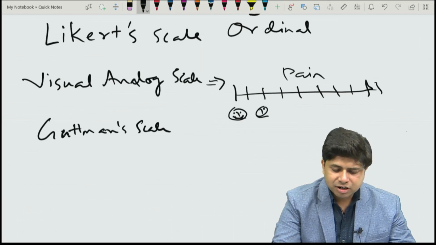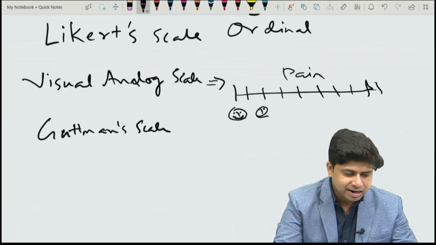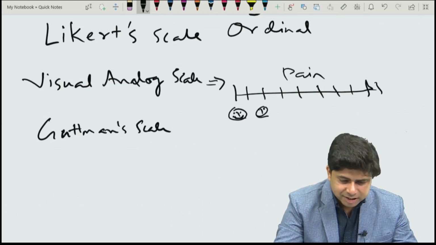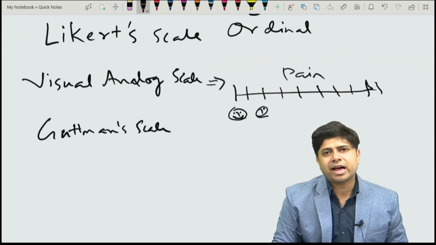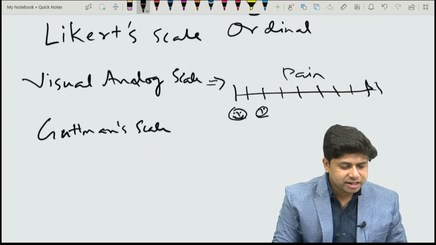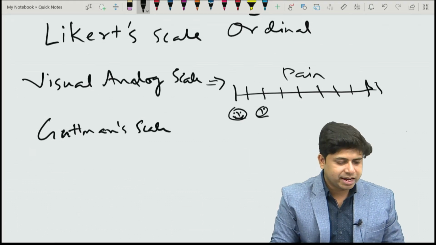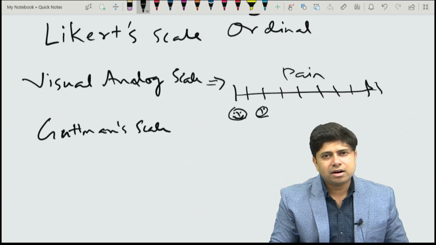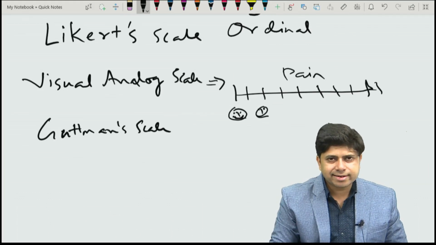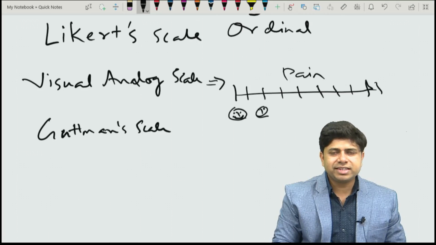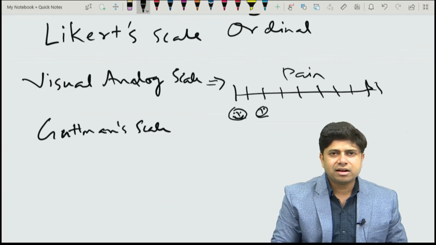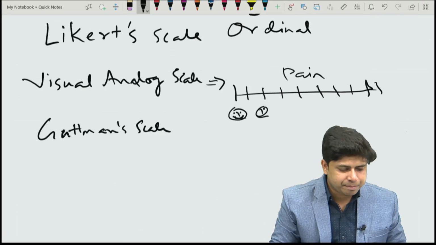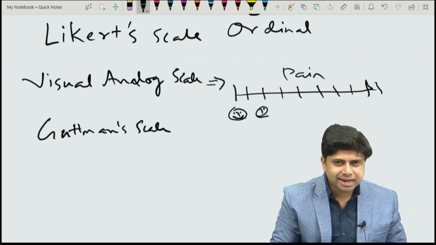And what is different in Likert's scale? Likert's scale is not analog. It is ordinal. This usually gives a bipolar scale. Bipolar means the examples can be agree, disagree, strongly disagree, strongly agree. These types of scales can be called Likert's scale.